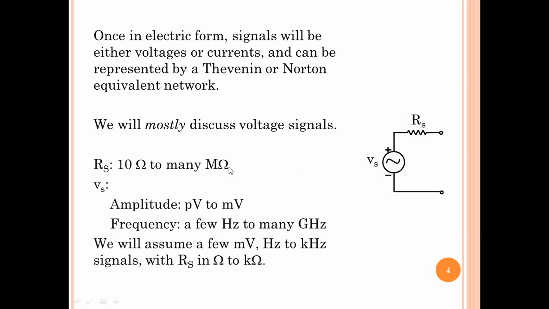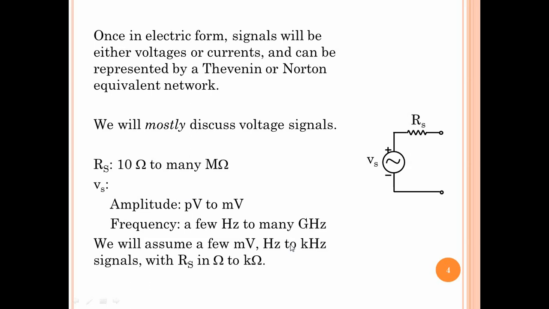For all these sensors we looked at, the source resistance can vary from 10 ohms to many mega ohms. The signal itself that is received from all these sensors can vary in amplitude from picovolts to millivolts. Frequency can be a few hertz to many gigahertz. This is of course a very wide range.